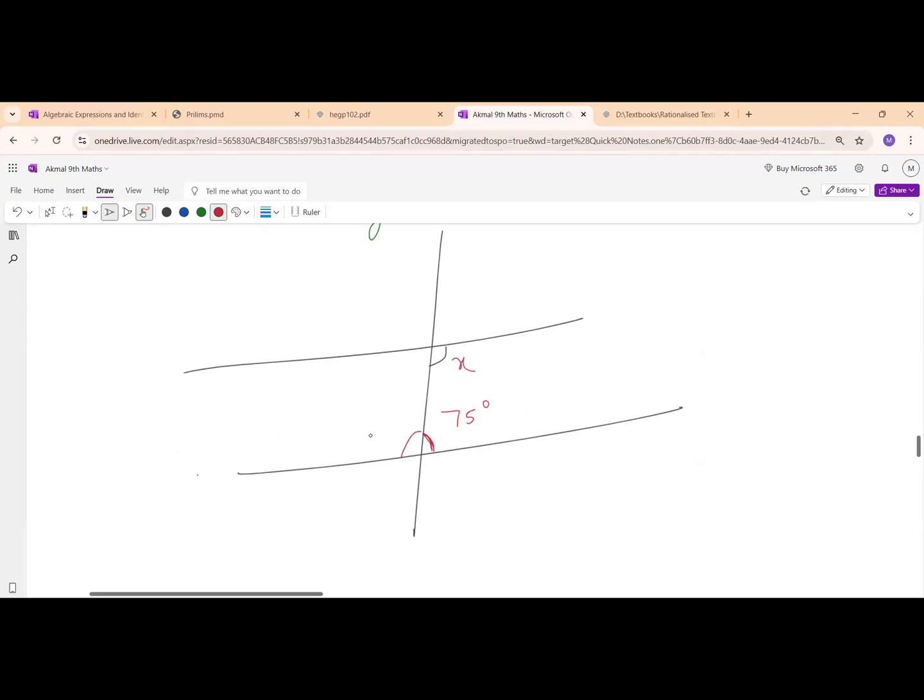Akmal, you need to find x and you need to find y. These are parallel lines L and M. This is the transversal T. Can you try this question, Akmal? Both are 75, x and y.